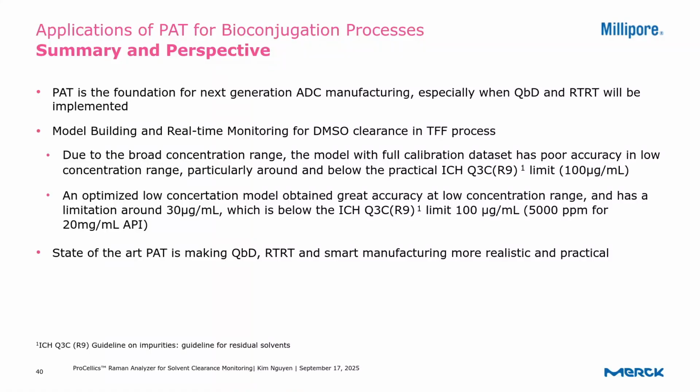For ProCellics Raman model building and monitoring DMSO clearance in the TFF process, the model with the full calibration set has poor accuracy at low concentration range, but we were able to optimize the model to obtain great accuracy at low concentration range, which has a limit around 30 microgram per mil, below the practical ICH limit of 100 microgram per mil.